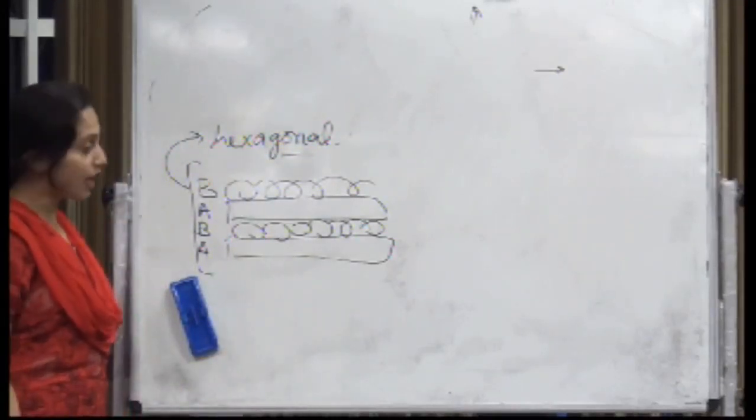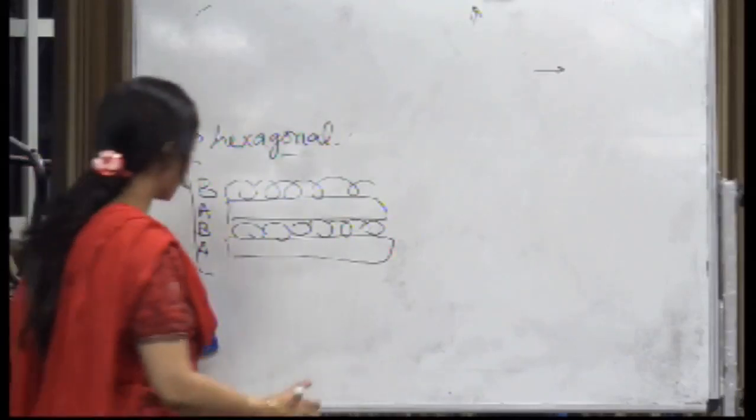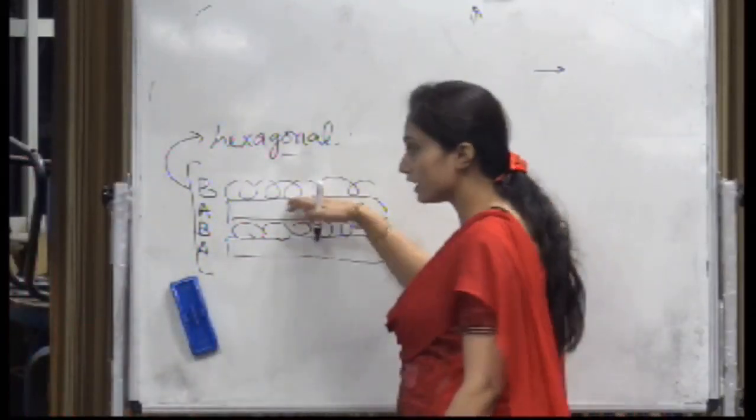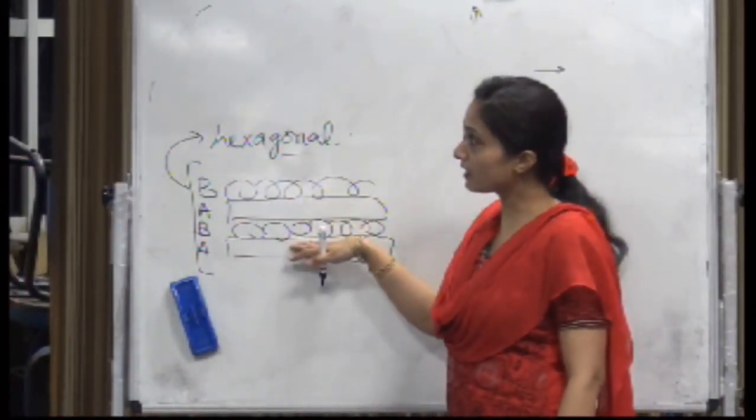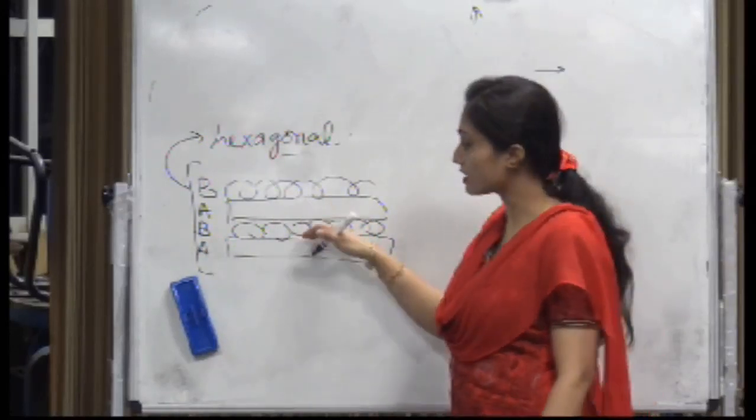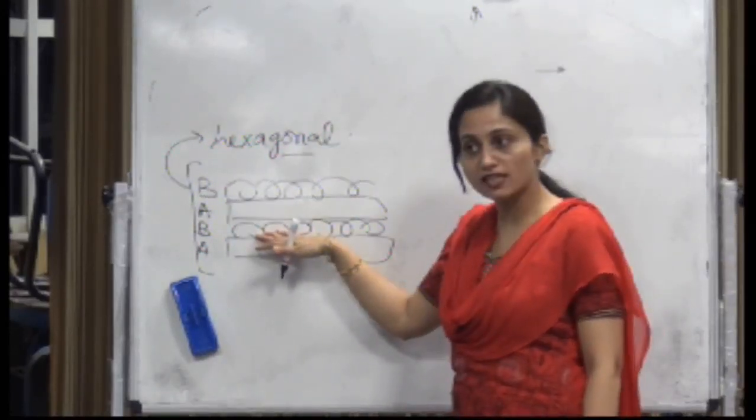Okay. Now there is also a possibility that I could have placed a third layer on the depressions of the second layer.